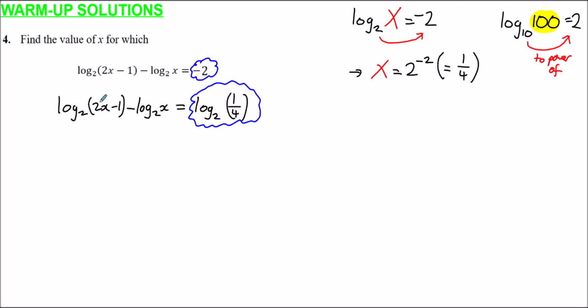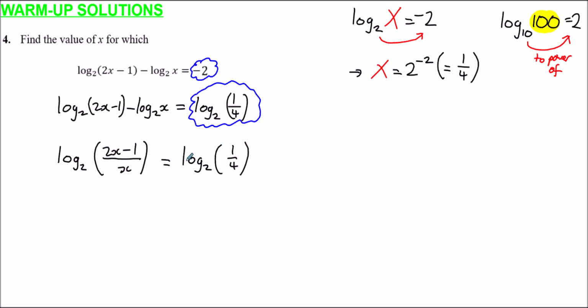Now, using the laws of logs, I have log of something minus log of something else, and both are to the same base. So I can combine these into a single fraction. So it's the same as log base 2 of 2x minus 1 all over x, and that equals, on the other side, log base 2 of a quarter.